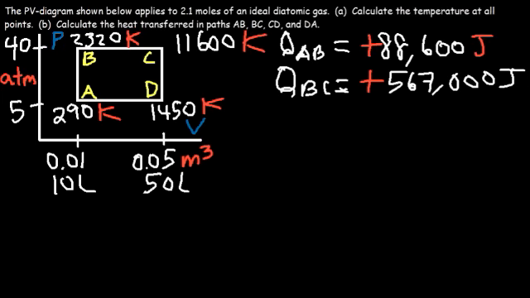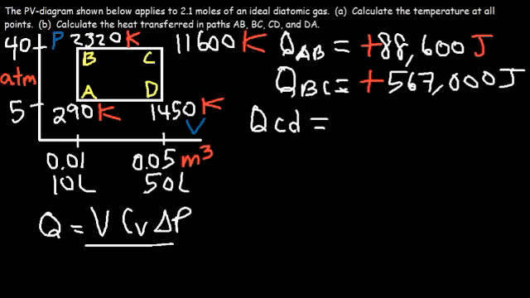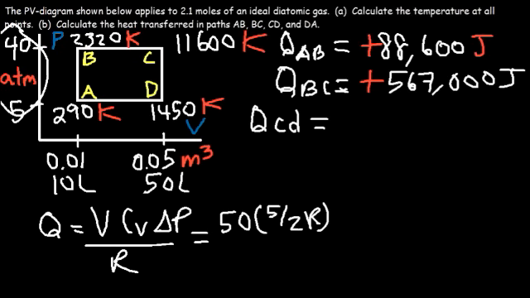Now let's calculate QCD. This time, let's use a different equation. We have another isochoric process, but instead of using the nCv delta T equation, let's use V Cv delta P divided by R. The volume is 50 liters. Cv for diatomic gas is 5/2 times R. The change in pressure is -35.